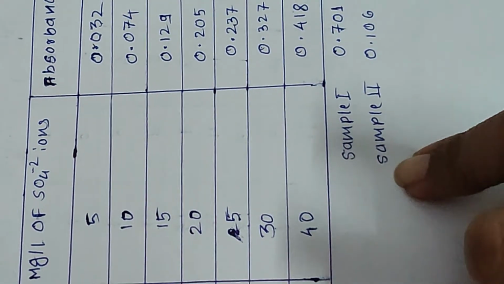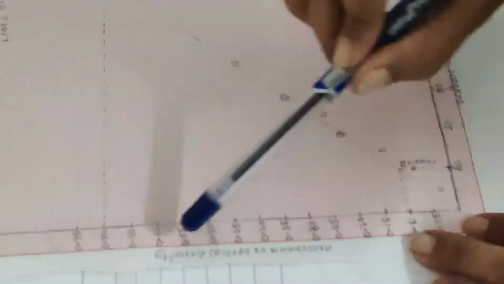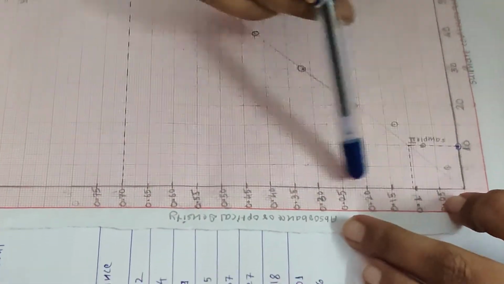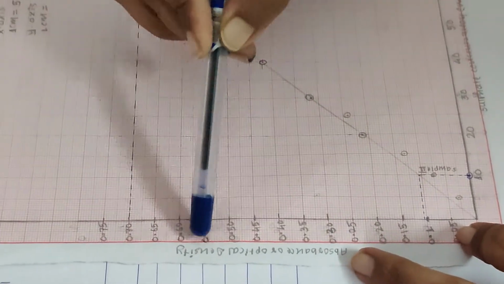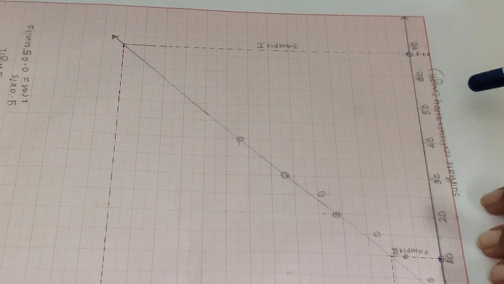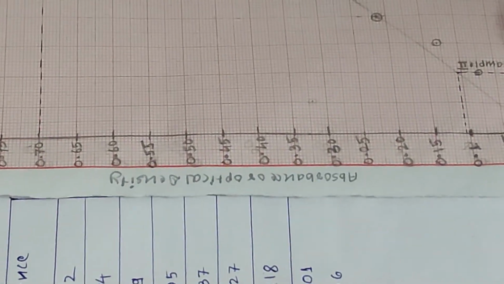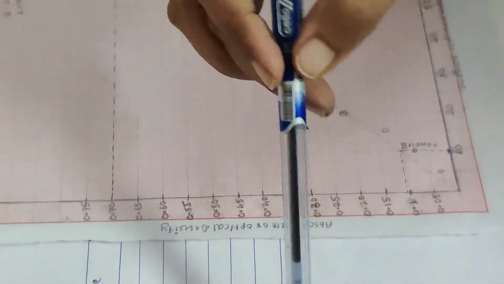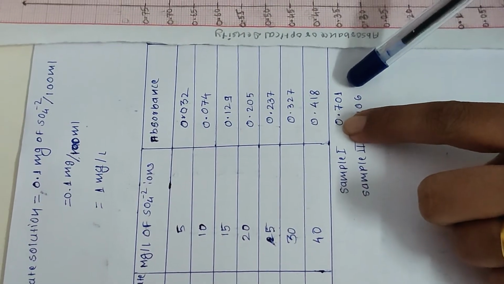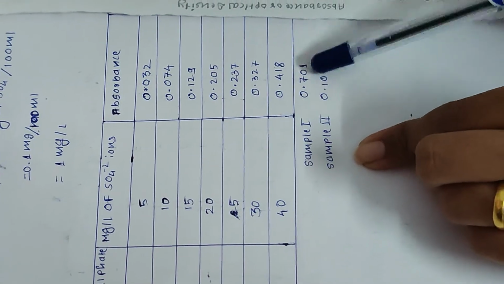So what we have done, in this standard graph, we have on the y-axis the absorbance or optical density, and on the x-axis we have the sulphate concentration in mg per liter. For this value of optical density or absorbance, for sample 1 we got 0.701.